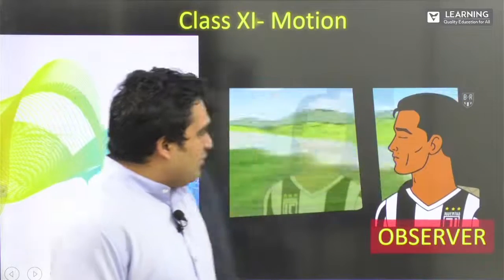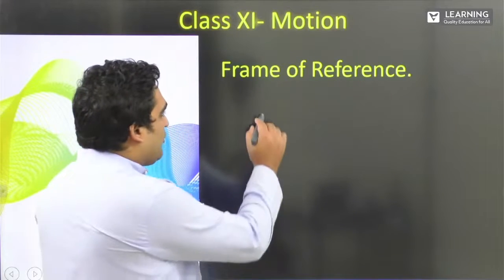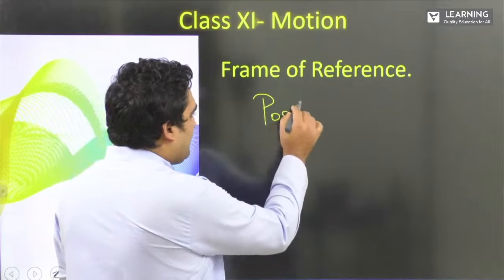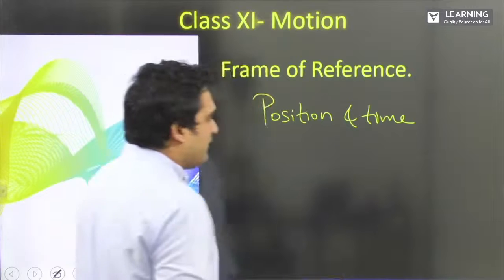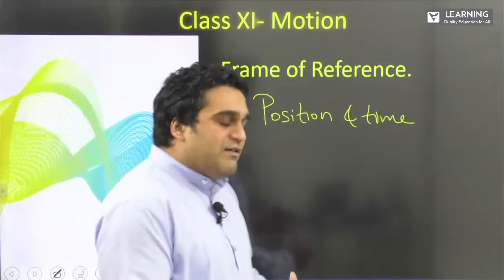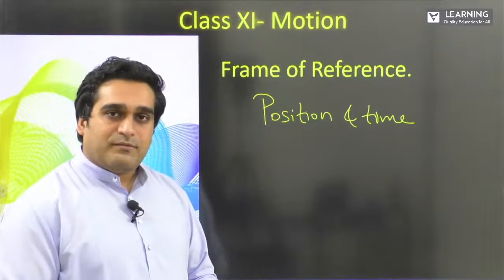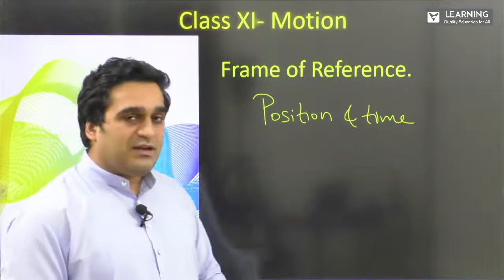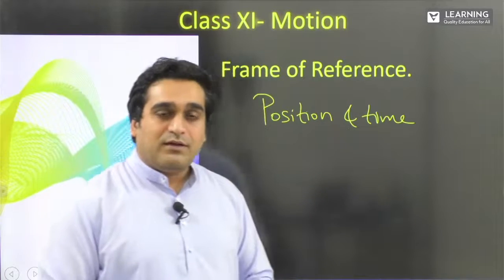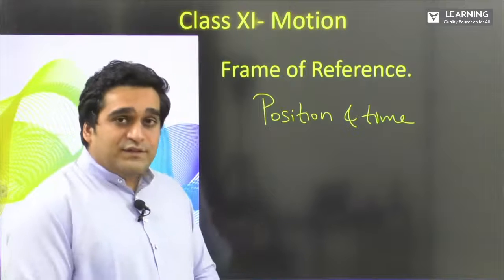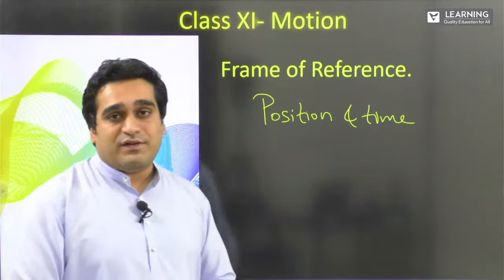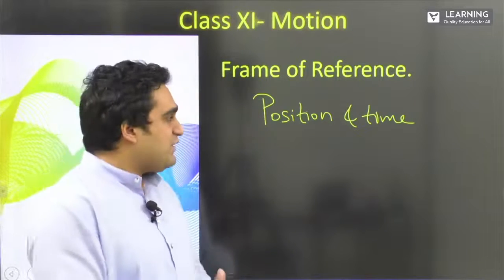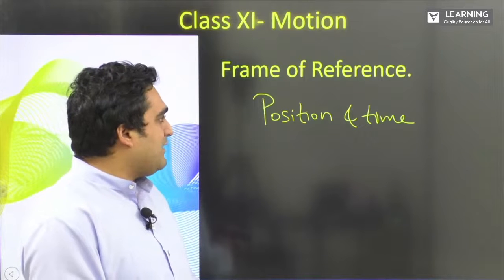So a frame of reference relies on position and time. In a given frame of reference, meaning in a space that you're located and for a given time, the laws of physics must be applicable in that frame of reference or any other frame of reference that you're taking. The laws of physics must be applicable in such cases.